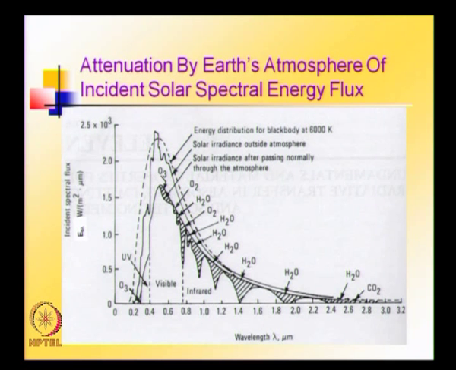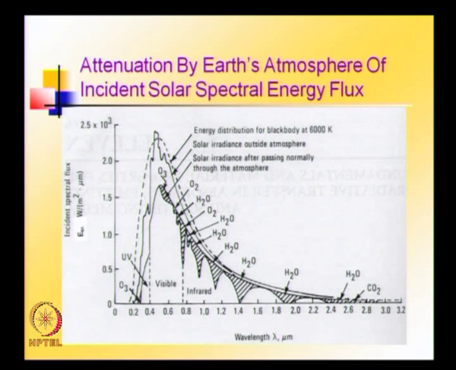If you look at the incident solar energy flux coming onto the earth, this is basically E_b lambda, watts per meter square per micrometer, versus lambda. This first dashed line gives the energy distribution for a black body at 6000 Kelvin. This is the actual solar irradiance outside the atmosphere.